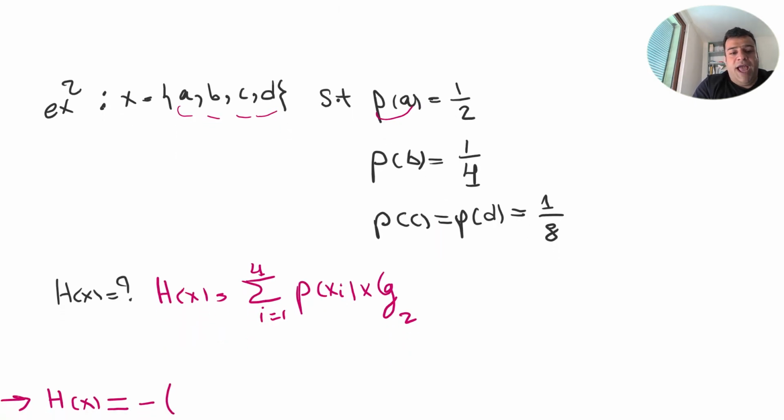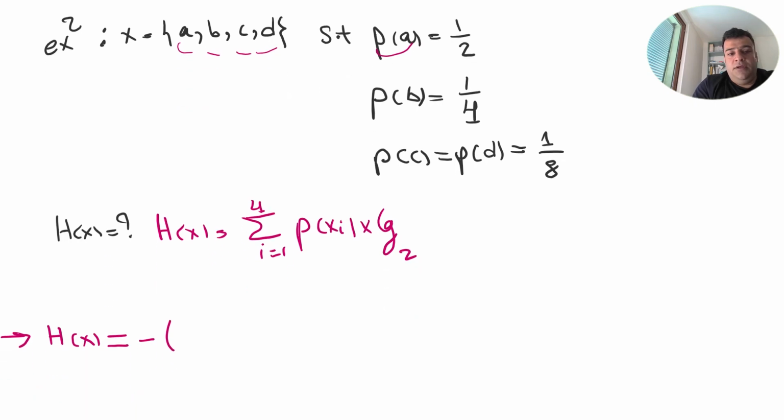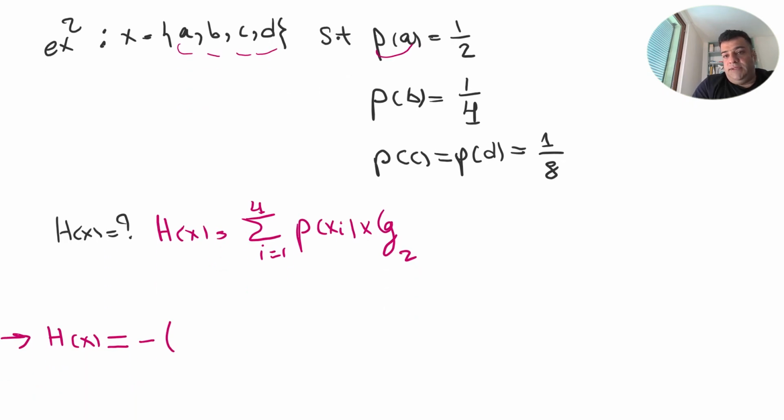If we calculate entropy, because they are discrete and memoryless, it is something like this: minus the sum of P(xi) log P(xi) in base 2.